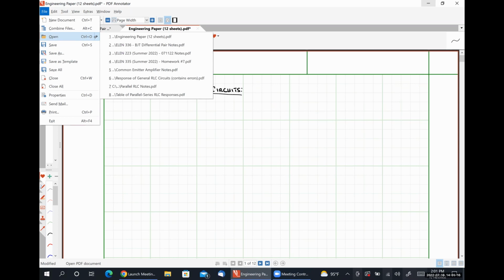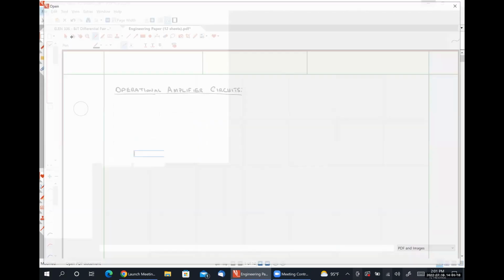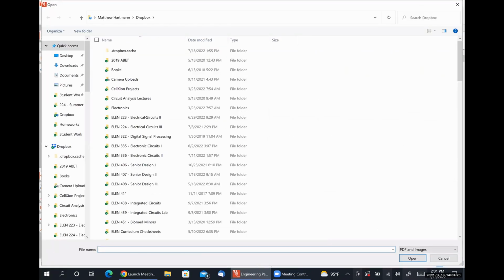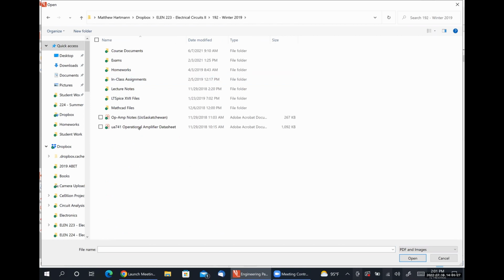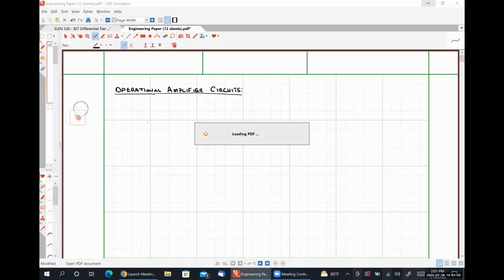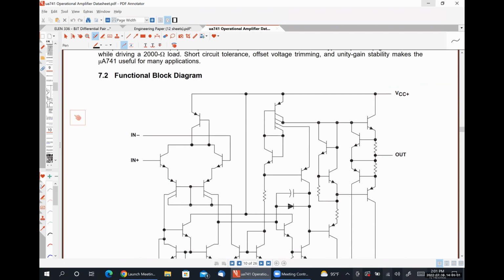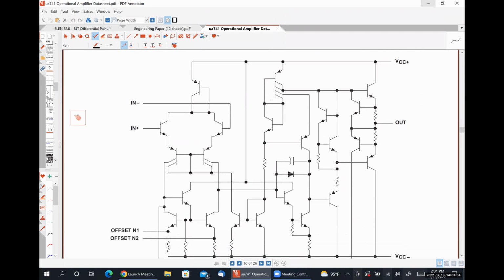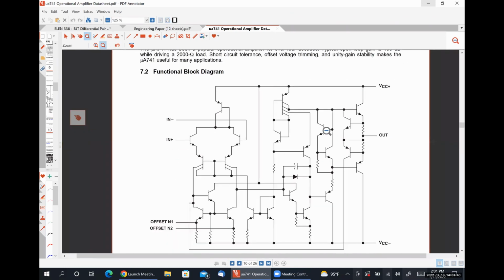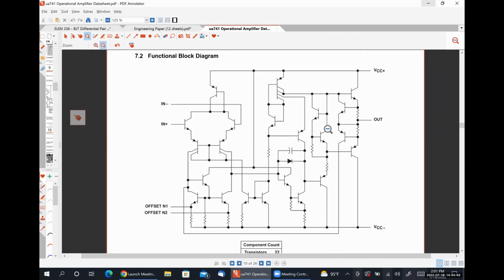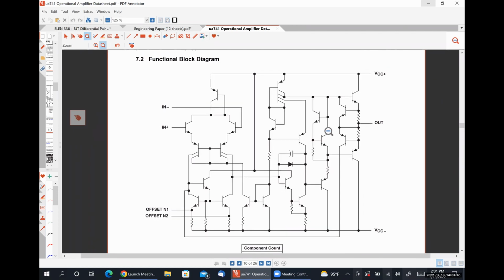What I'm about to open up here is a data sheet for an op amp that I teach in my Circuits 2 class. Let's see if I can find it really quickly. And this picture that I'm showing you right here, let me zoom out so we can see all of it, is a functional block diagram for an op amp.